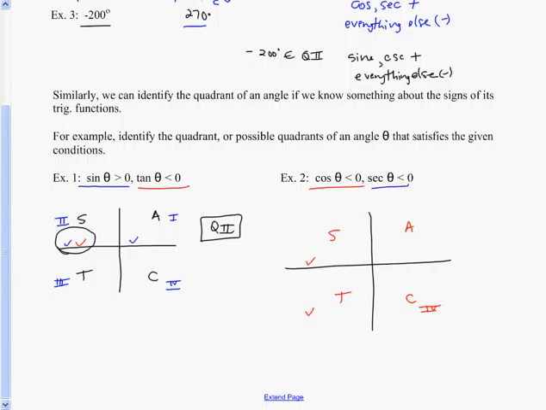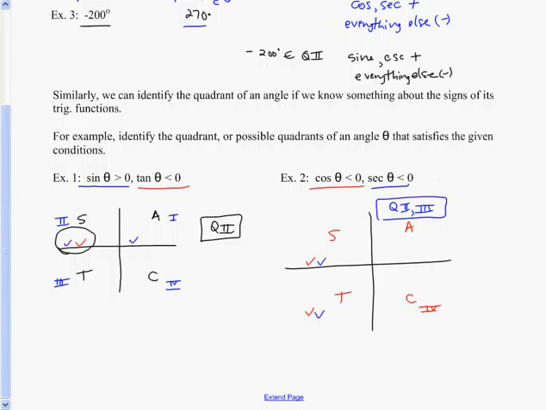Secant is the reciprocal of cosine, so they follow the same pattern. Not quadrant 1, yes quadrant 2, yes quadrant 3. Remember secant is positive in quadrant 4, so this would be quadrant 2 and quadrant 3 as my answers in this case.